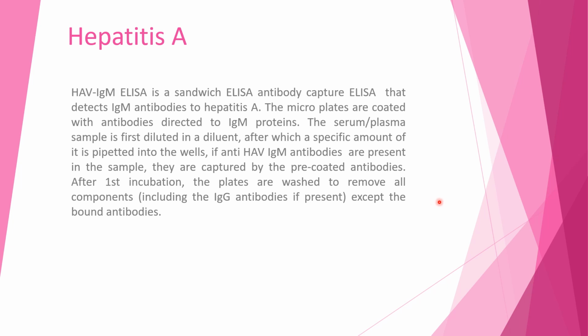If anti-HAV IgM antibodies are present in the sample, then they are captured by the pre-coated antibodies. These antibodies are coated on the surface of the wells. Then incubation takes place. After first incubation, the plates are washed to remove all the components; only the IgM antibodies are left which attach to the surface of the well.